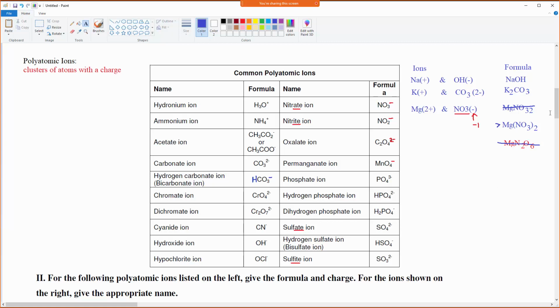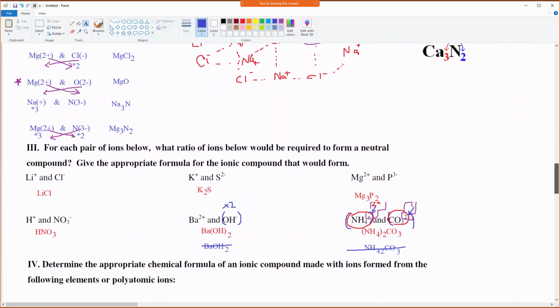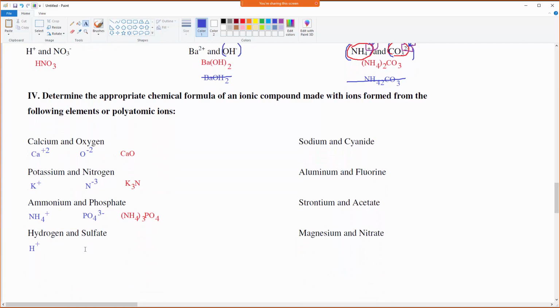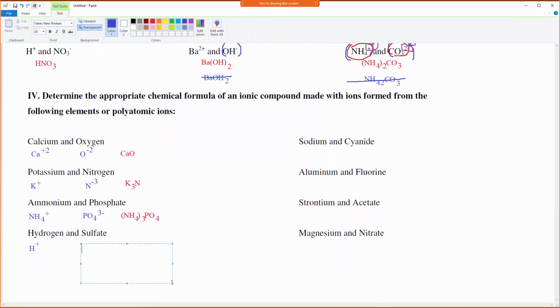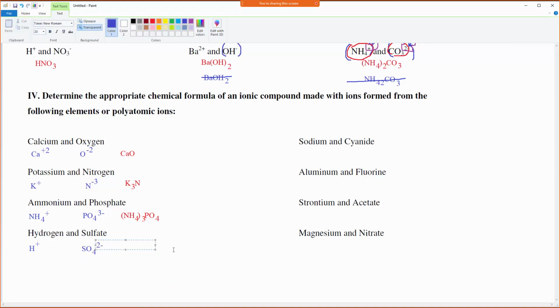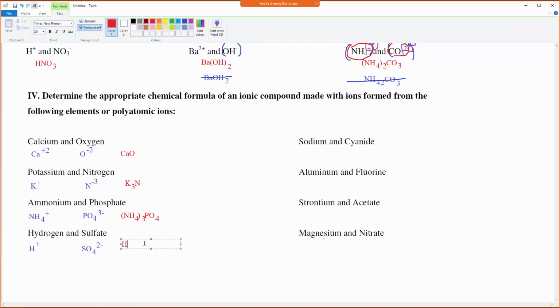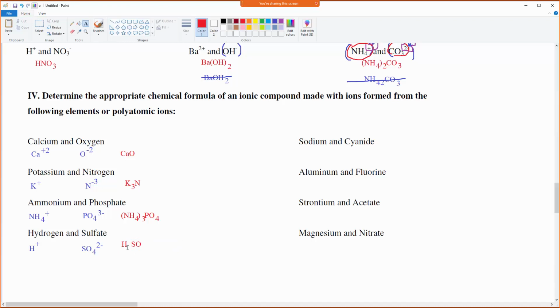It's right here, SO4 2-. Okay. So the compound made between these two ions is going to have what formula? H2SO4. Excellent. That's your sulfuric acid.